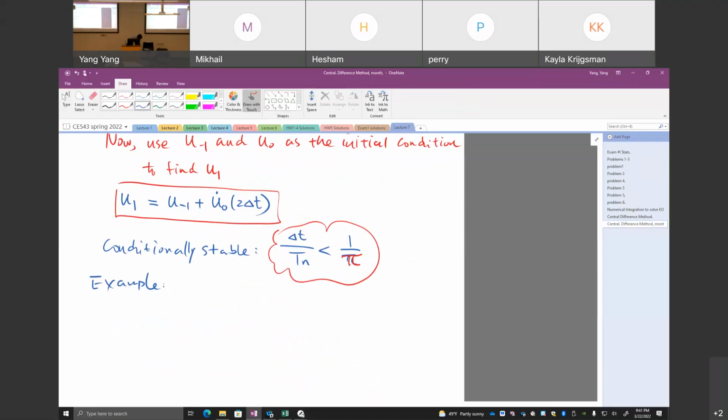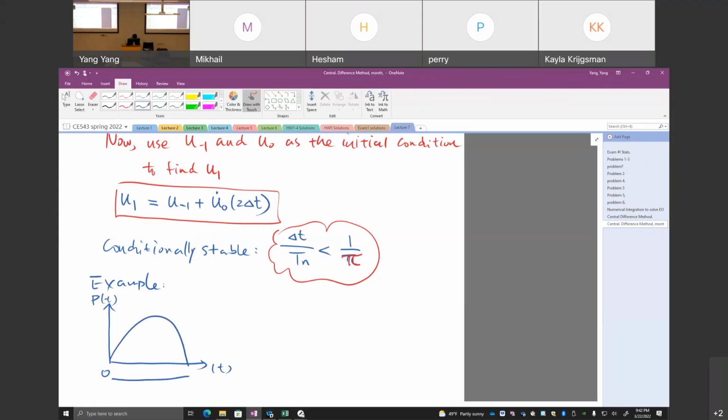We have a force; the excitation is an impulse.